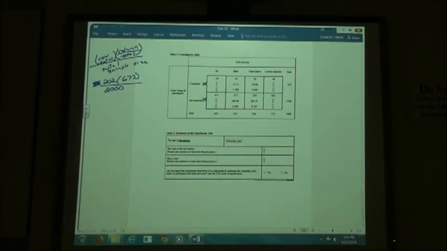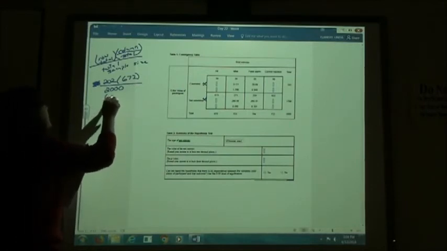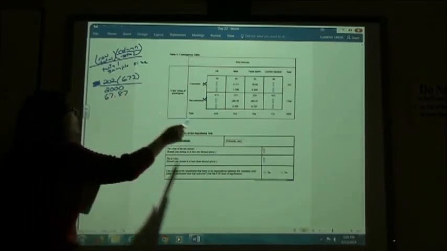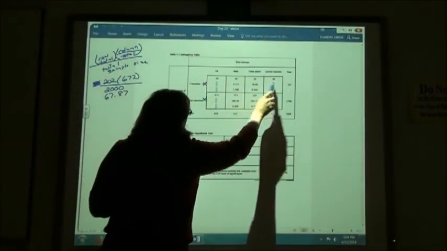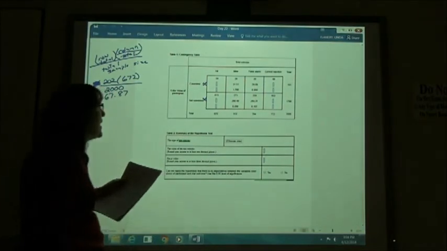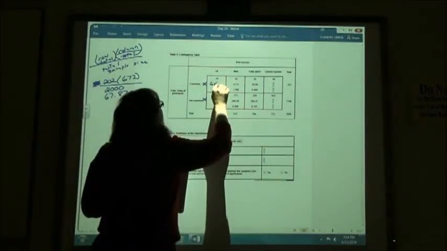So 202 times 672 divided by 2,000. If you do that calculation, you get 67.87. These ones say round the first row to 2 decimal places, the second one to 3. So we're going to round that off to 67.87.